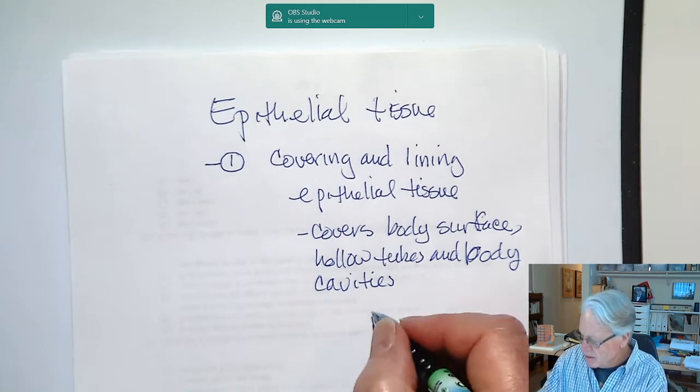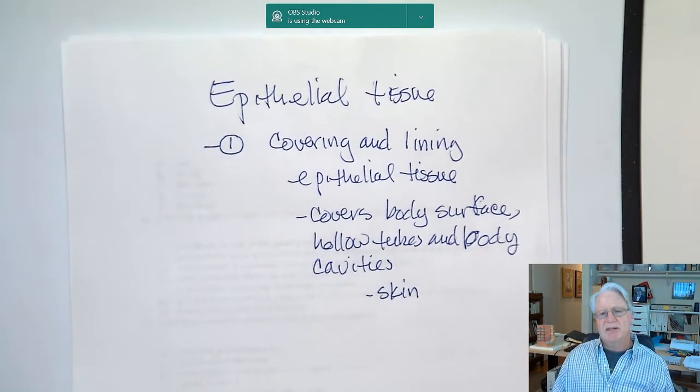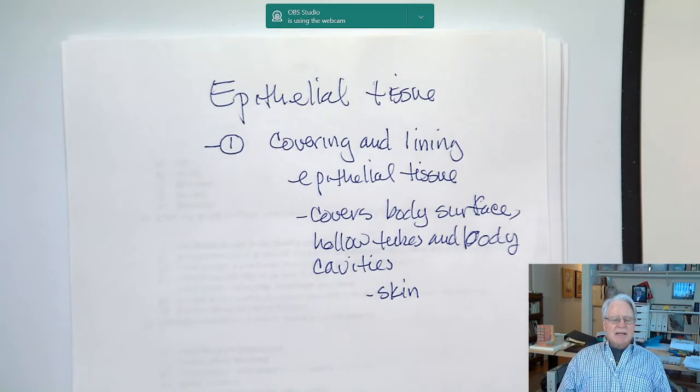So the skin is a perfect example of epithelial tissue covering a body surface. The lining of blood vessels, hollow tubes lined with epithelial tissue. Body cavities, we've already talked about this to some degree. When we looked at body cavities, we looked at the parietal layer of the peritoneum, for example, but we can also apply that to the stomach.